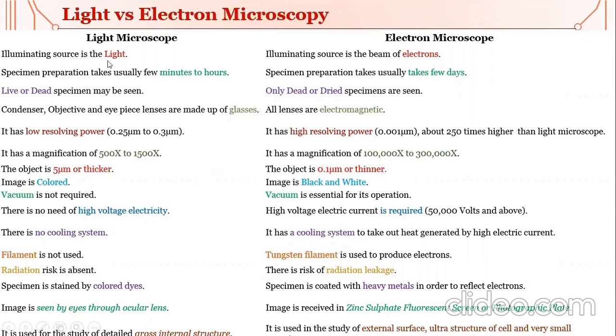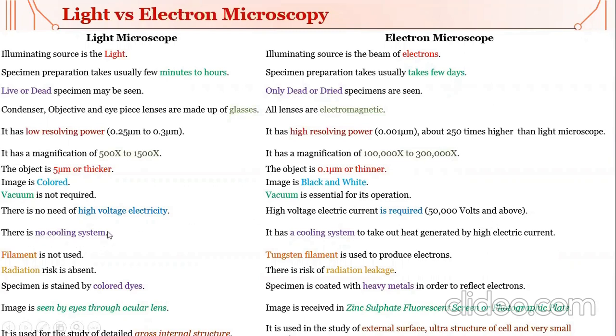Here the image is colored. Here the image will not be colored, it will be black and white, because we are dealing with electrons only. Vacuum is not required in the light microscope, but we have studied that vacuum is essential in the operation of the electron microscope. Here there is no need for high voltage electricity, and here a high voltage electric current is required, approximately 50,000 volts or above.